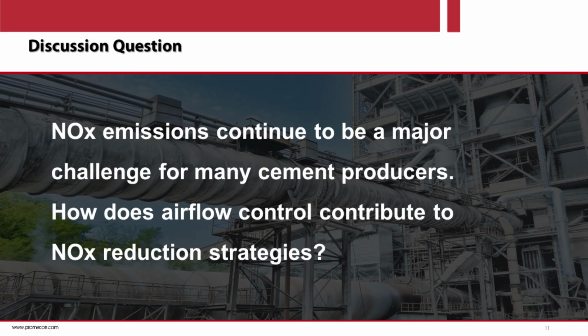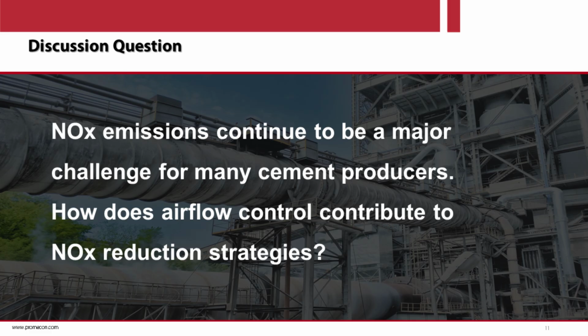Instead, the calciner can contribute to the reduction of NOx, because if we implement low oxygen zones in the lower section of the calciner, typically called the low NOx area, then we can reduce the NOx in the absence of oxygen.